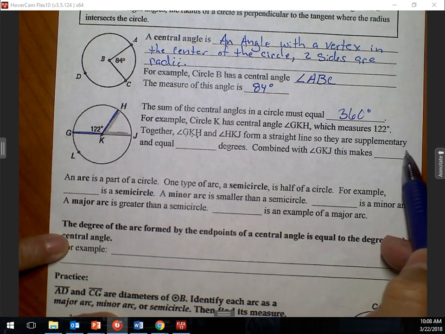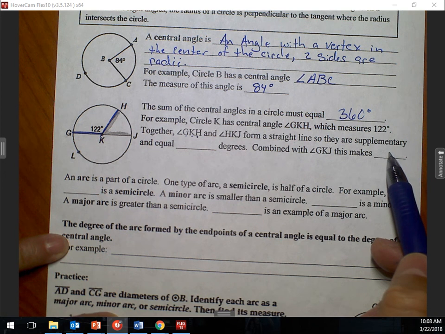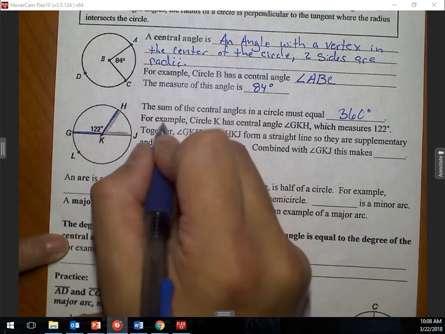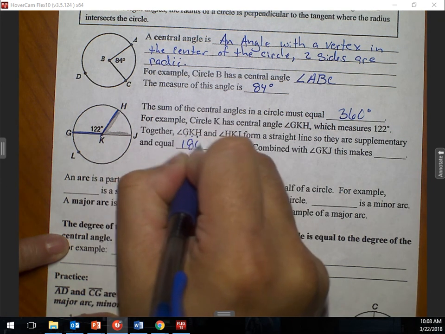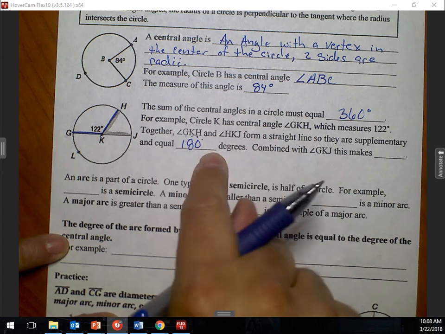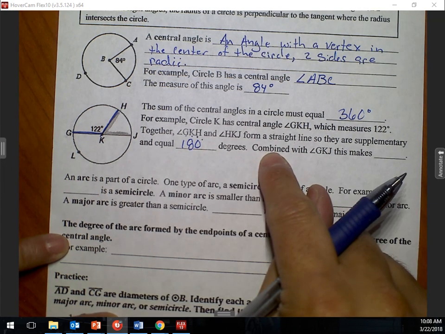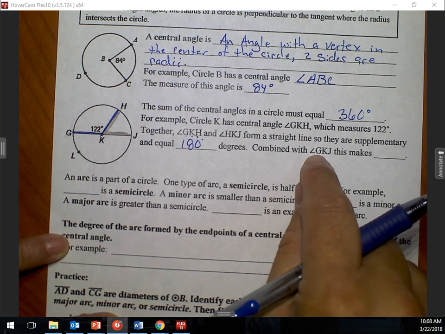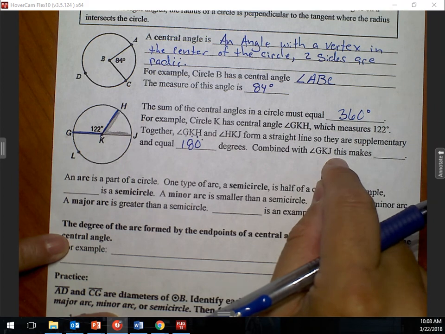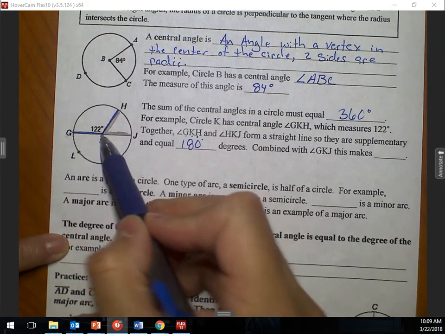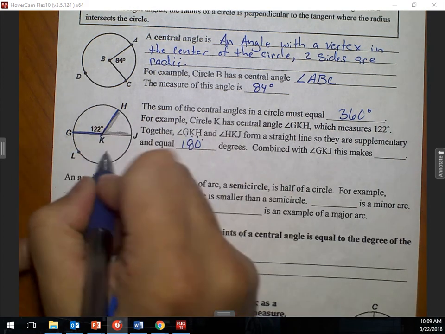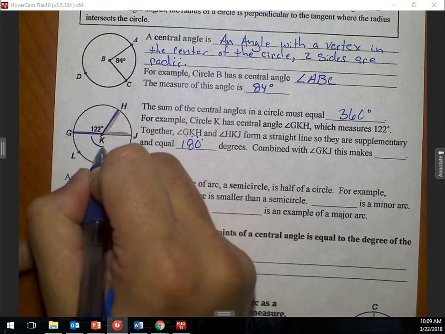So they are supplementary. Now, if it's supplementary, what does it add to? 180. 180, very good. So that should be my 180 degrees. Combined with angle GKJ, it's referring to this piece right here.